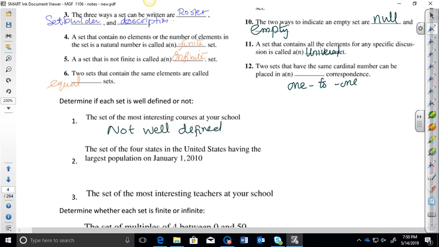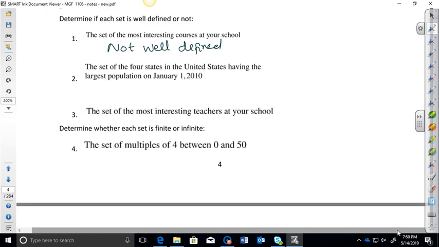The set of 4 states in the United States having the largest population, that you can say if you do some research. It is well-defined. The set of most interesting teachers, you can't say that.